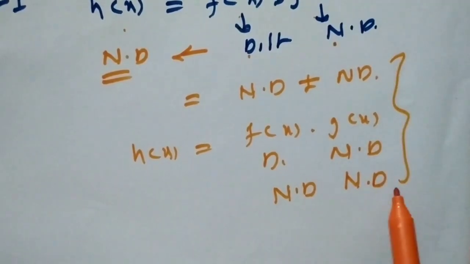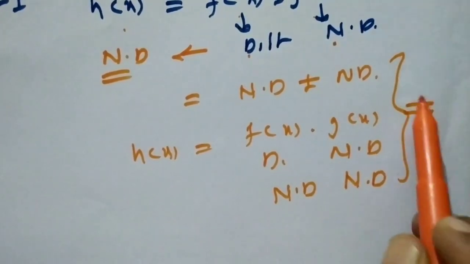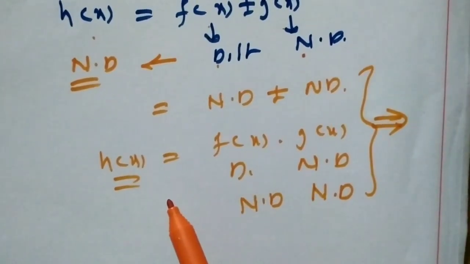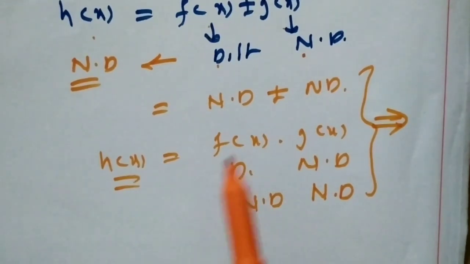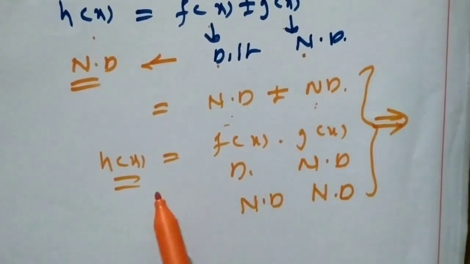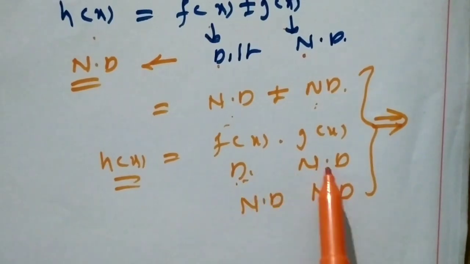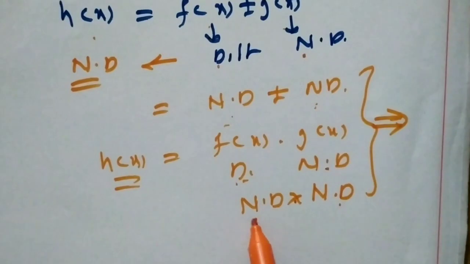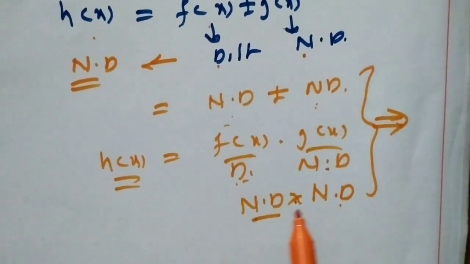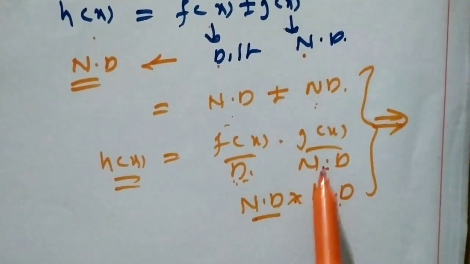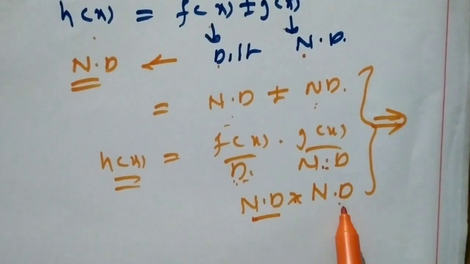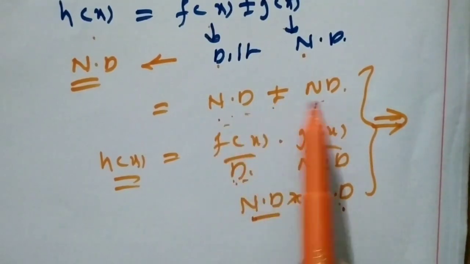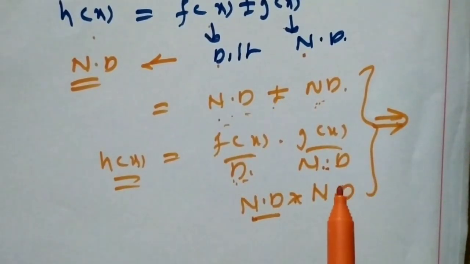In all these cases we cannot say directly whether the resulting function h of x is differentiable or not. Non-differentiable plus or minus non-differentiable, non-differentiable into differentiable, and non-differentiable into non-differentiable cannot be declared directly.